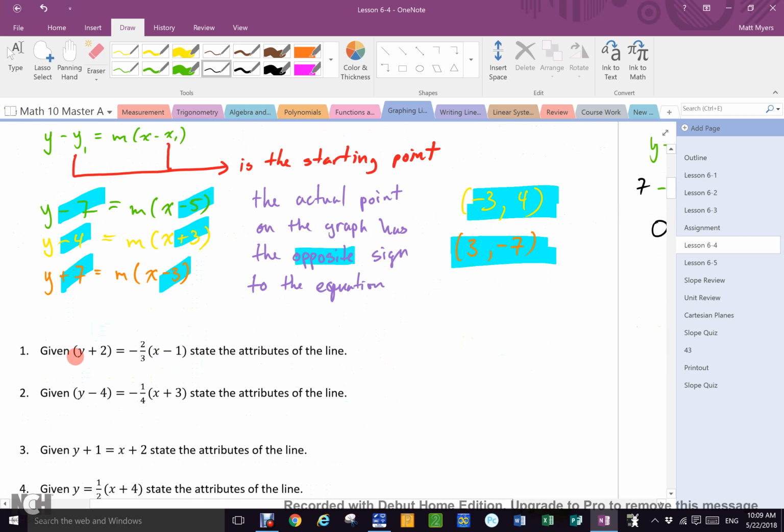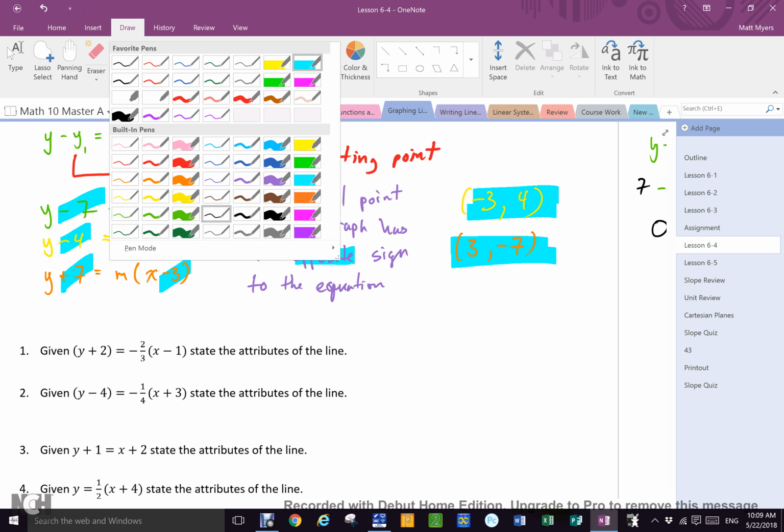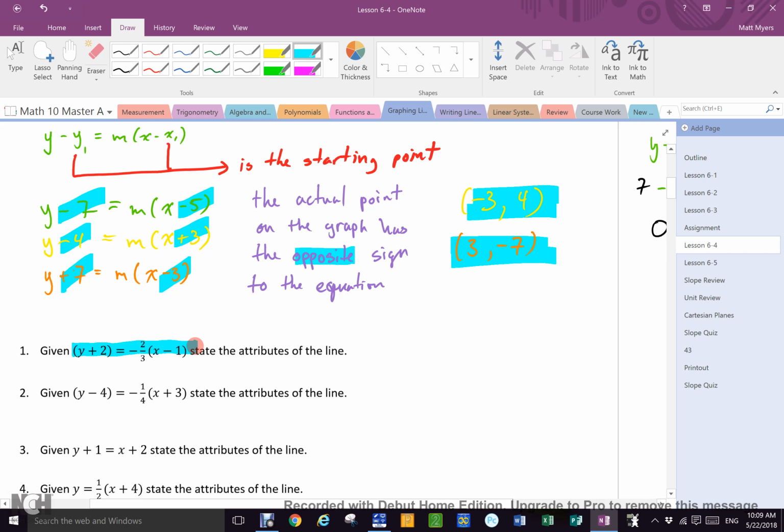What do you know about this line? You know 2 things about it. What do you know? What do you know about that line? There's a slope of what? Negative 2/3, and it goes through what point?